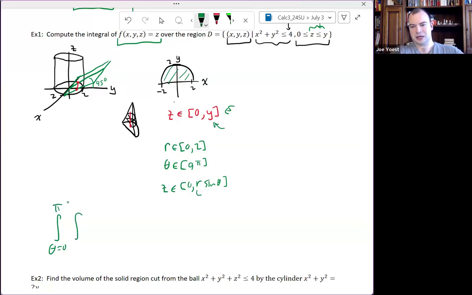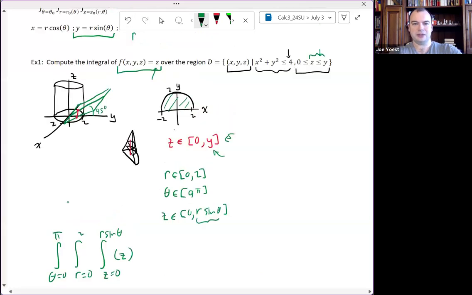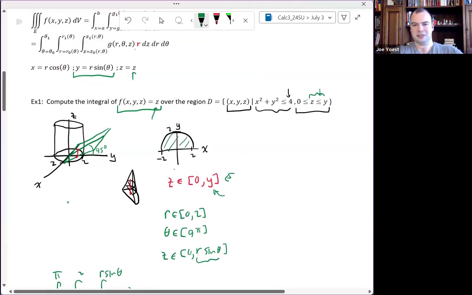I see that z's upper bound depends on both r and theta, so z had better be the innermost integral. r goes from 0 to 2. And z goes from 0 to r sine theta. My integrand is just z. And then my little chunk of volume, my dV, is dz times dA from polar coordinates, or just r dz dr d theta.